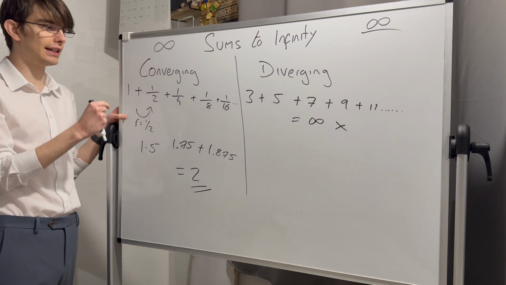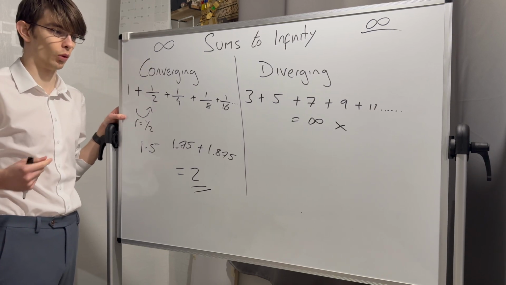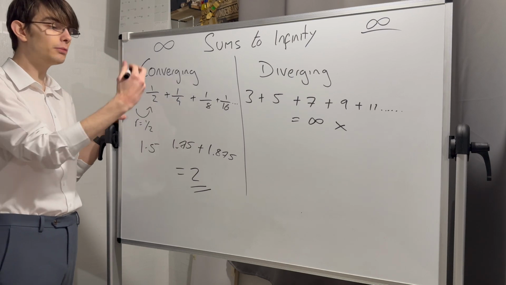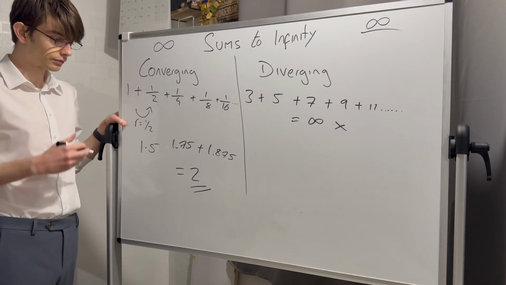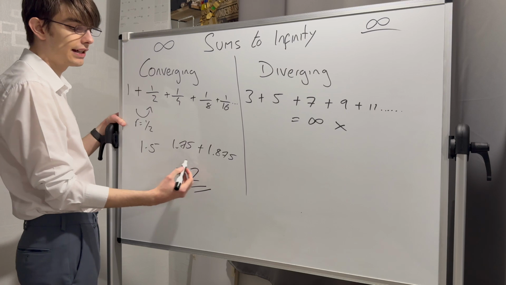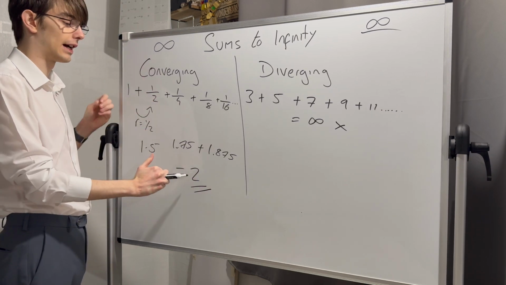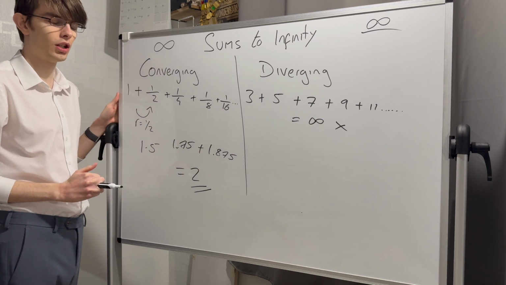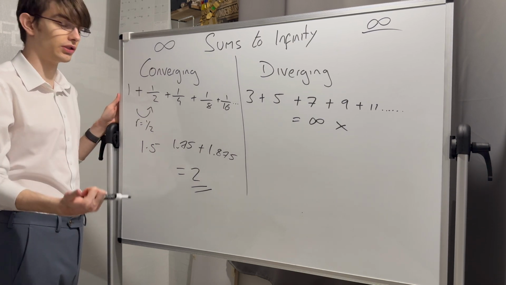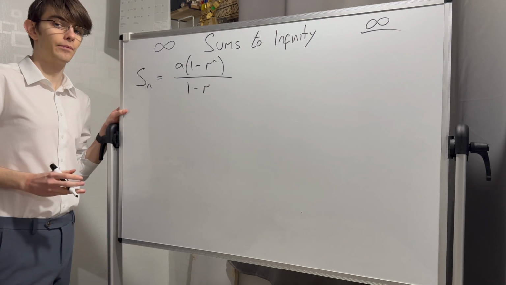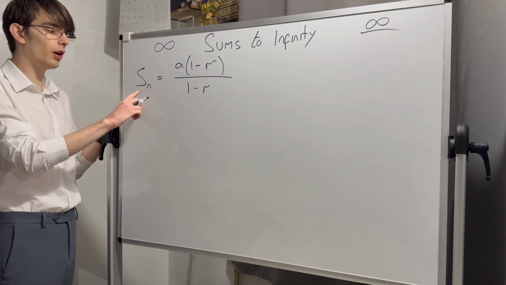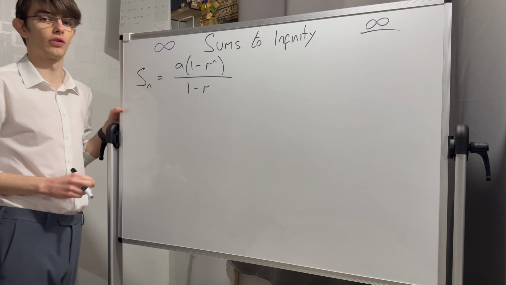And this here is a converging sequence or series. No matter how much we add together, we are going to end up converging and coming into one point, and in this case, 2. So how do we prove this using an equation? Okay, I'm going to start off with my sum of n numbers in a geometric sequence.